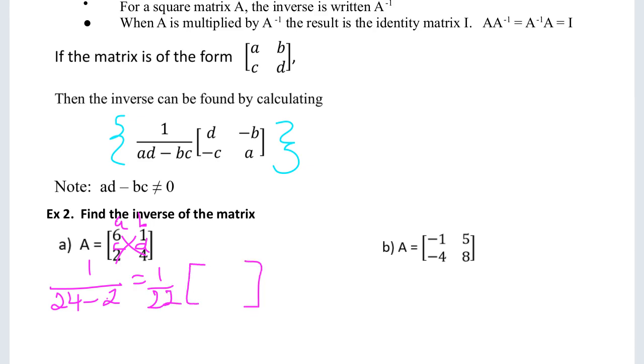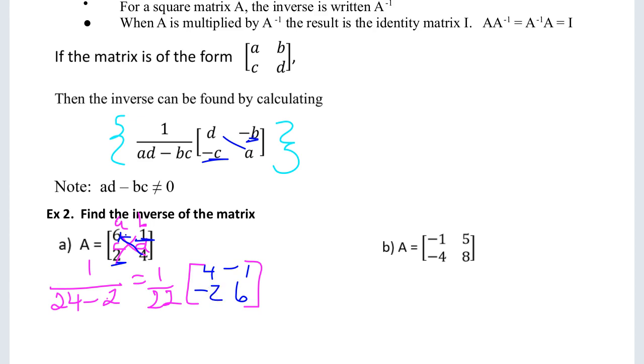Then the matrix that we're multiplying it by is not the original matrix. It's where we switch the A and the D, like shown here. So we're going to put 4 here and 6 here instead. I'm going to switch the sign of B and C. So B and C are going to switch signs. So if they start off positive, we're going to make them negative.